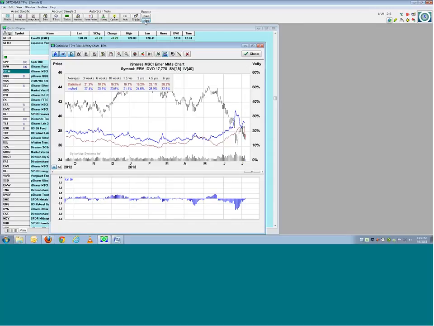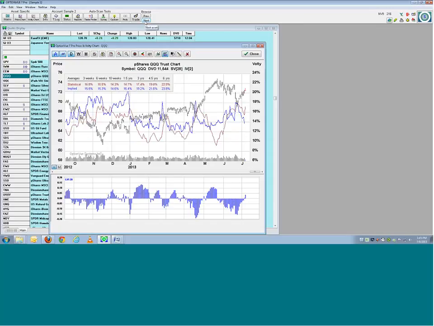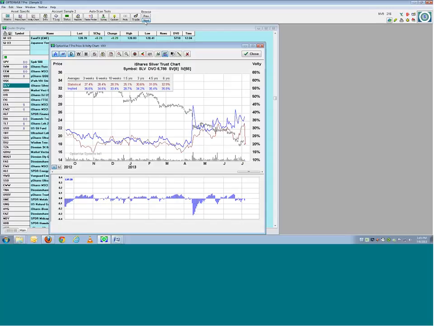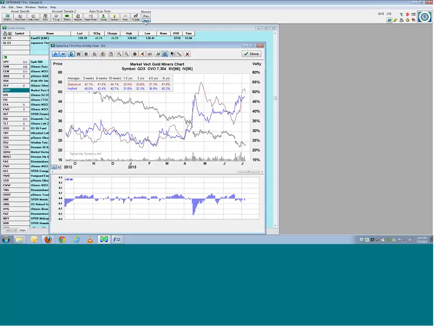Let's click Next again. And in this way, folks, you can just simply click through the candidates that you like to see. I mean, look at this, GDX, gold. Look at that chronic undervaluedness. Gold is chronically undervalued, as you can see here.